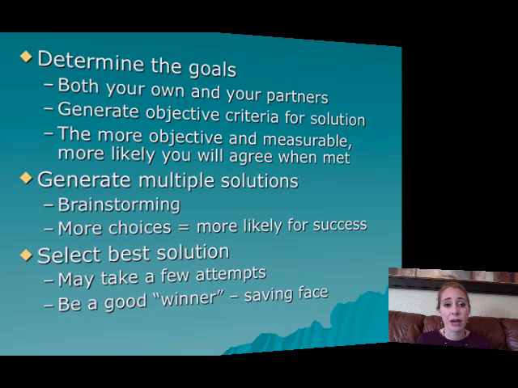Now, some of you say, okay, I get the idea of objectivity or being objective. What do you mean the more measurable that is? In other words, saying to someone, you need to spend more time with me. Can you measure more time with me? No. Because what more time to one person is not what more time is to another.